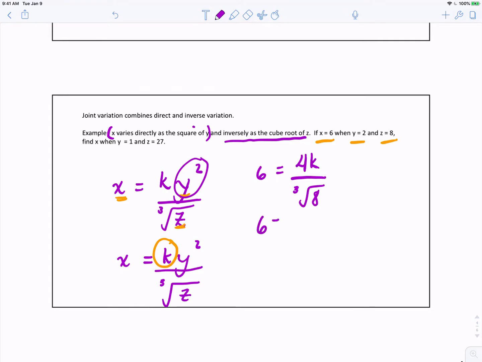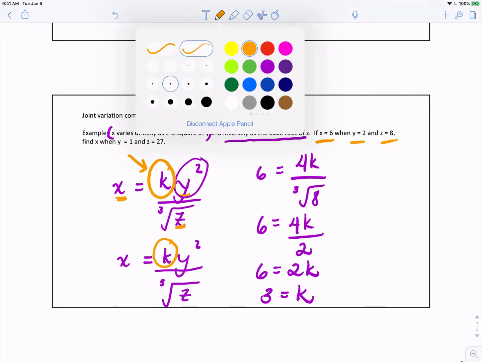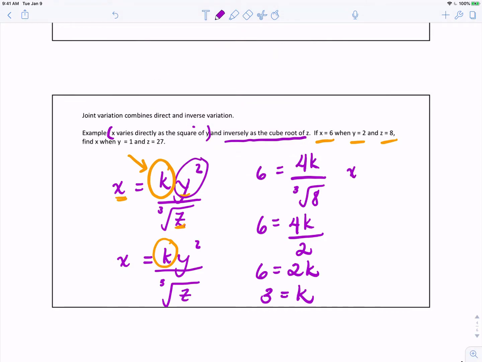So far we have 6 is equal to 4k over 2. 6 is equal to 2k. Dividing both sides by 2, k is equal to 3. All we do in the next step is replace k with 3. That gives us this formula: x is equal to 3y squared over the cube root of z.